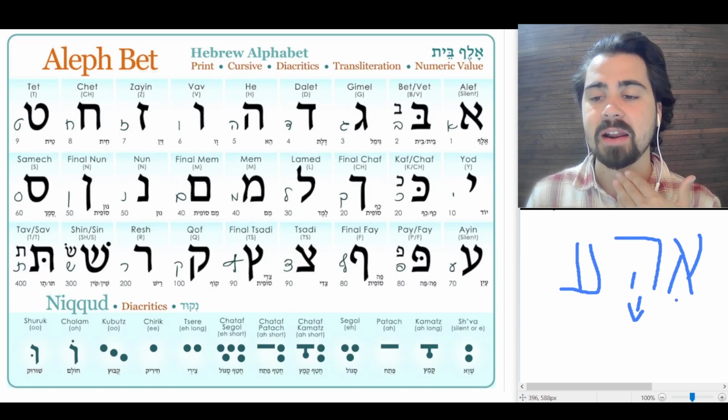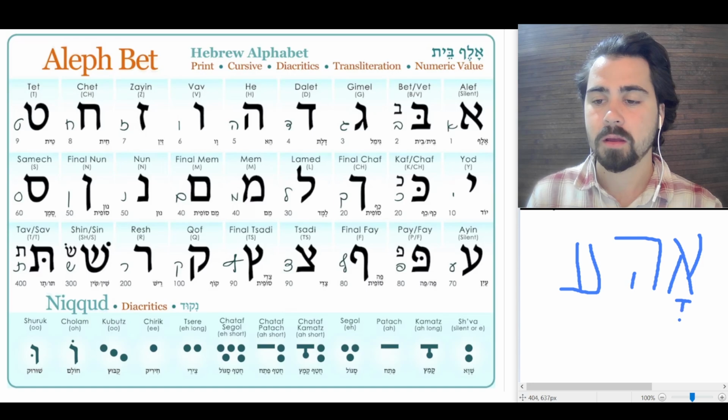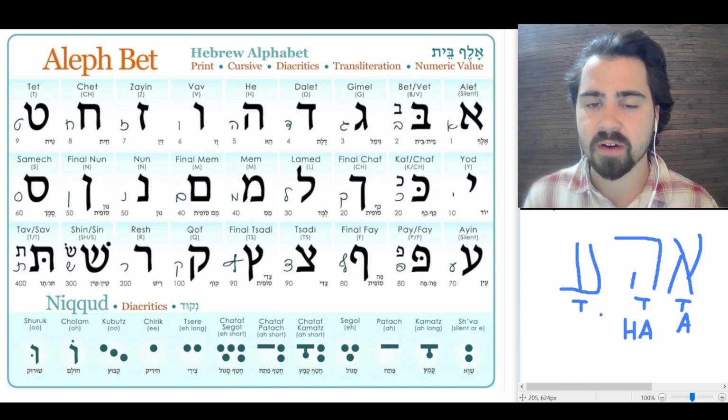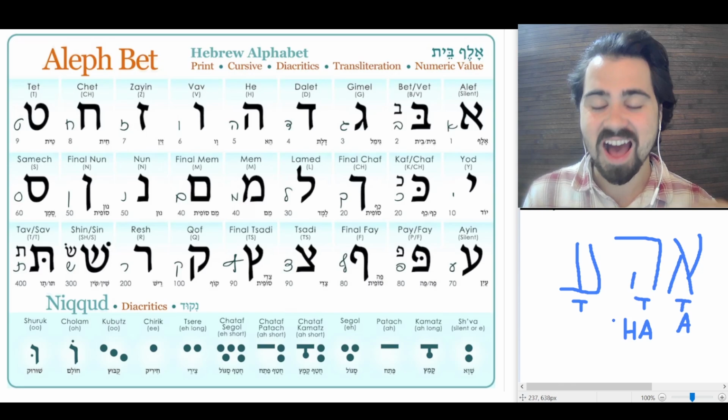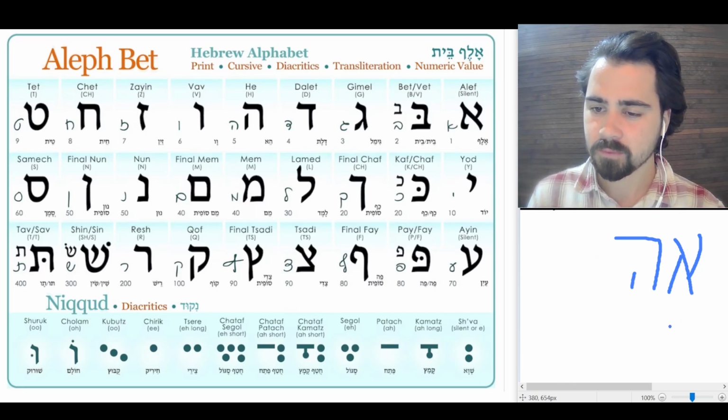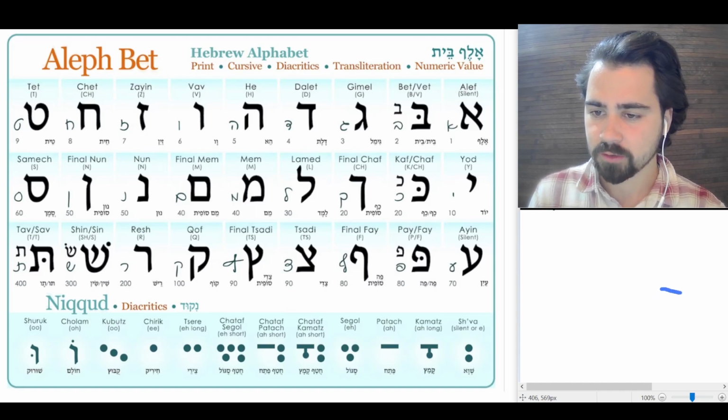So aleph, a, and here it's ha, more air, ha. With the ein, it's kind of hard to describe, but the sound is a bit more Middle Eastern. This is not exactly a, but it's more of an ah. For example, let's read this word.